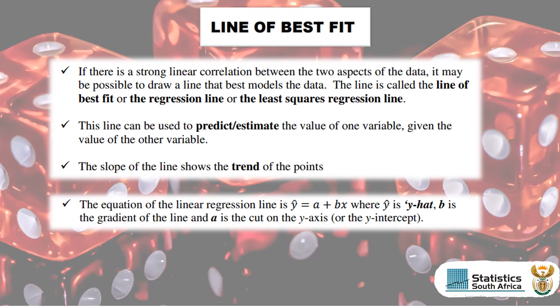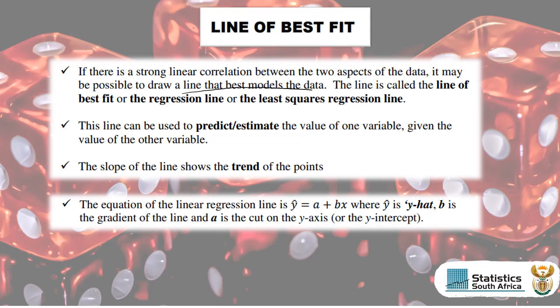All right, let's now talk about the line of best fit. If there's a strong linear correlation between two aspects of the data, it may be possible to draw the line that best models the data. Some of the points might just show a linear relationship, but if there's really a strong correlation between them, we can draw the line that best models the data.